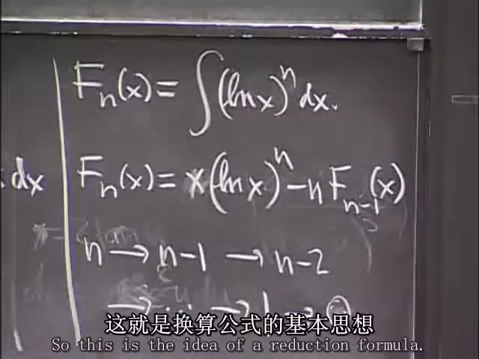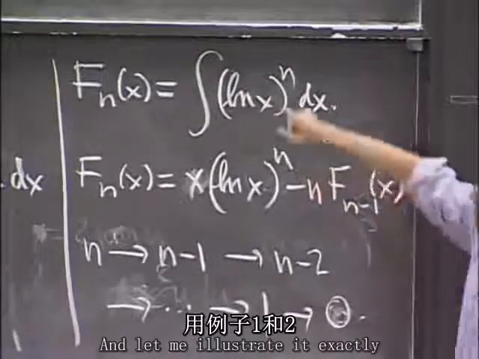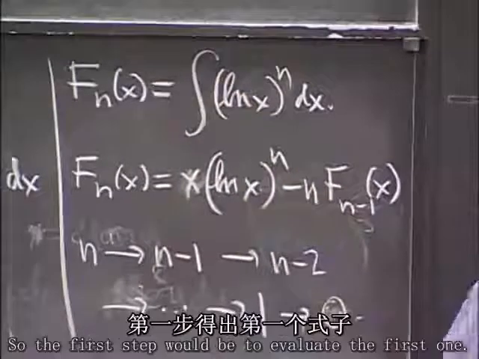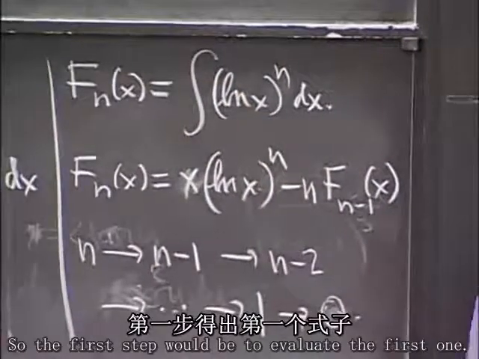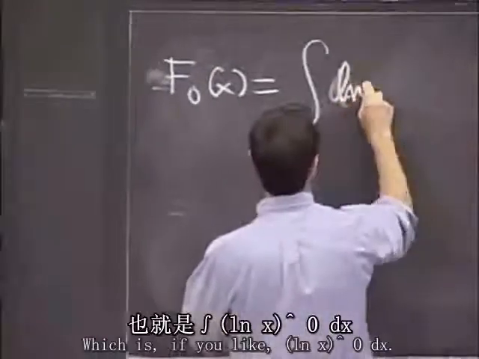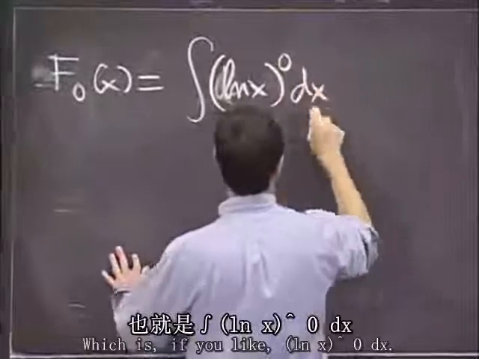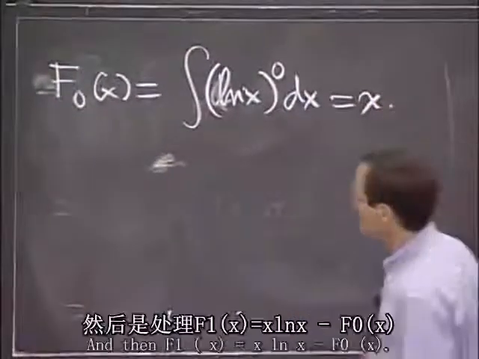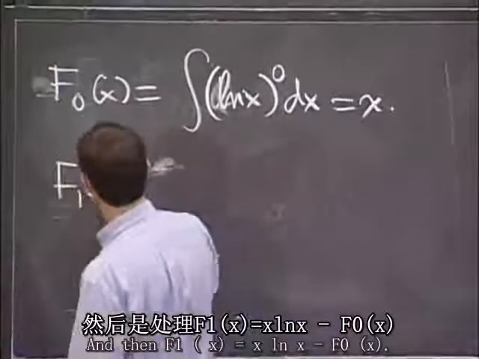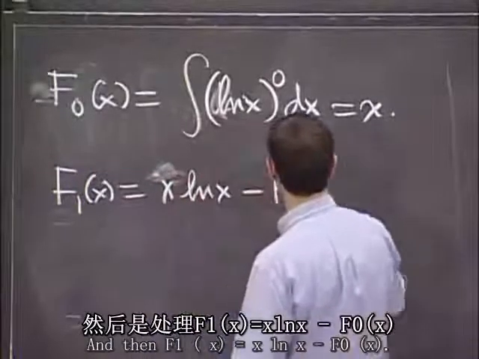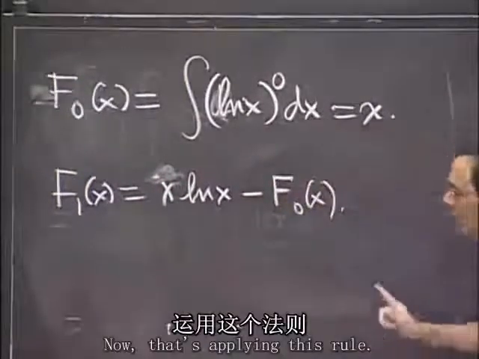All right, so this is the idea of a reduction formula, and let me illustrate it exactly in the context of examples 1 and 2. So the first step would be to evaluate the first one, which is, if you like, the integral of log x to the 0 power dx. That's very easy. That's x. And then f_1 of x is equal to x log x minus f_0 of x. Now that's applying this rule.